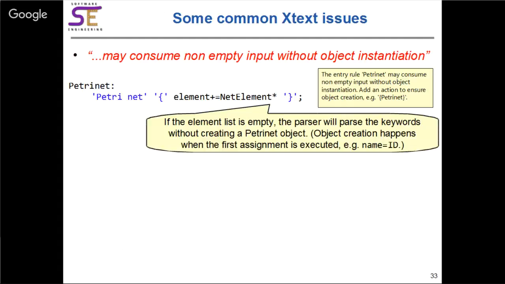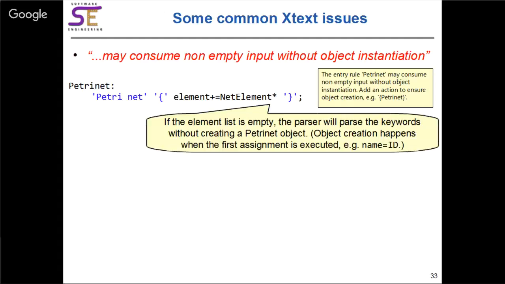And this error occurs because now if this list is empty, the parser will parse the keywords here, and if it doesn't read anything that is a property value that should be assigned to a PetriNet, then it won't create the PetriNet even.